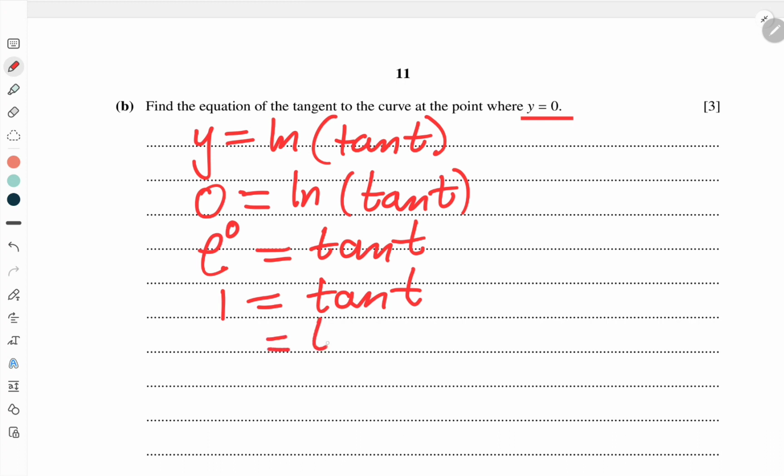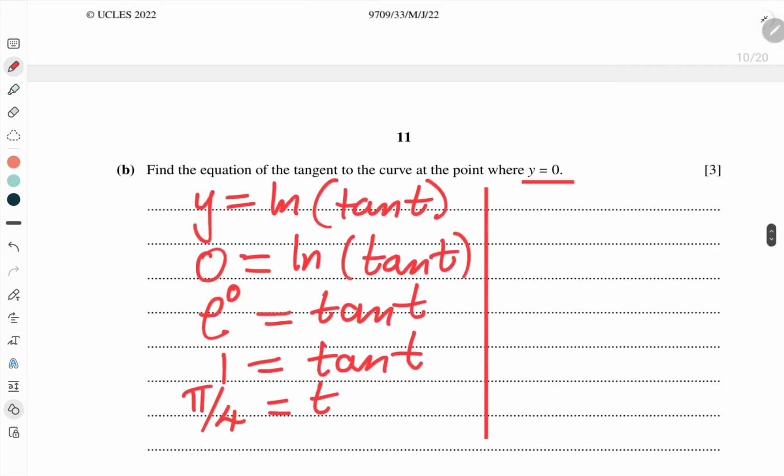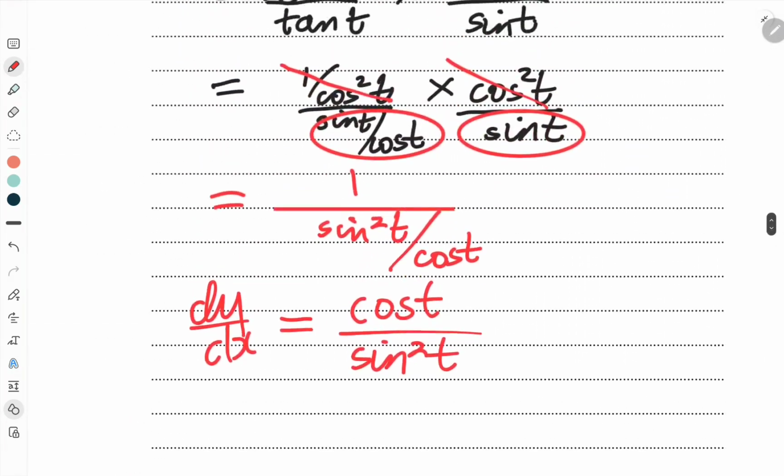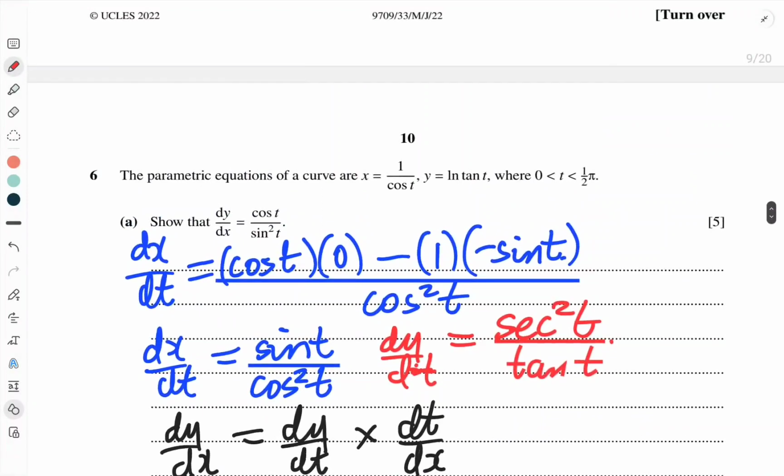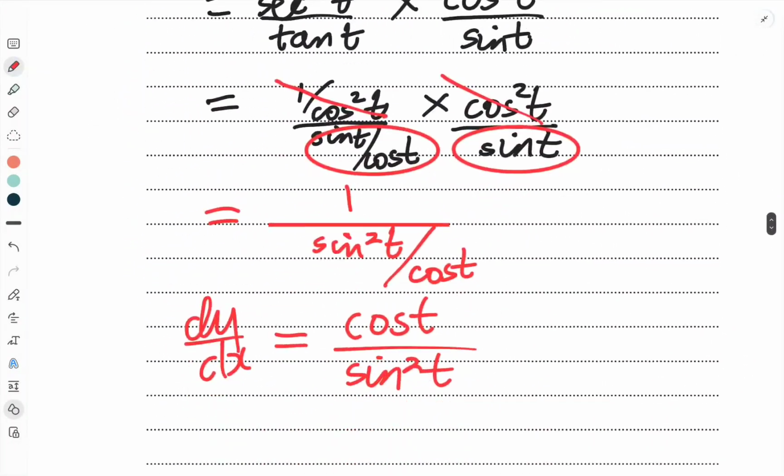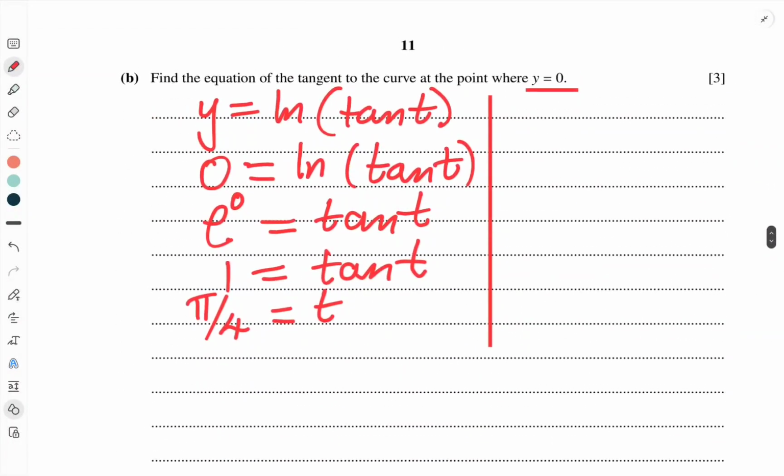Then we take arctan of 1, so our t is pi over 4. You then take your pi over 4 and substitute that into your x parametric equation. x is 1 over cos t. So our x is now equal to 1 over the cosine of pi over 4.